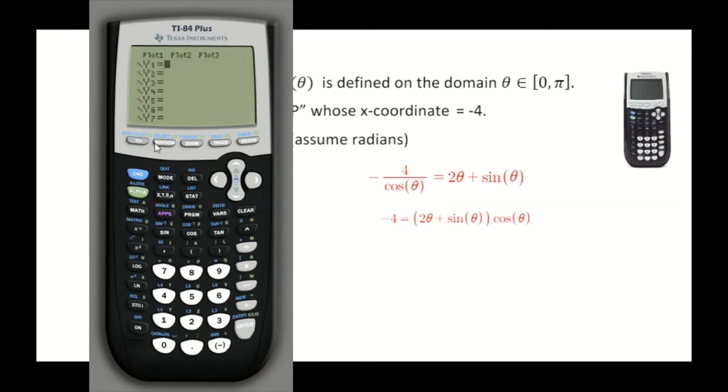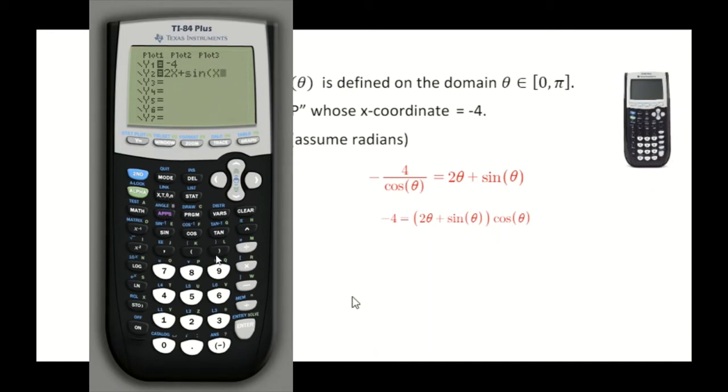And we're going to type in the two equations and just use x to represent theta here. So I'm going to type in -4 as my first equation. And then for my second equation, I'm going to have 2 theta plus sine theta.